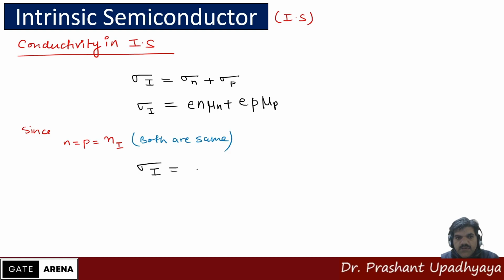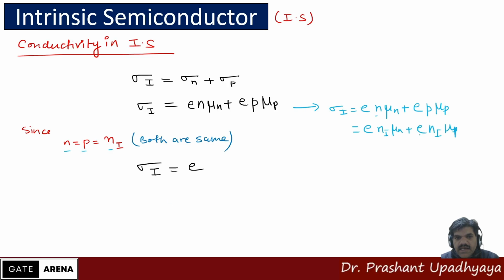That means both are the same. So I can write the conductivity sigma I equal to E n into mu n plus E p into mu p. And since n is equal to p equal to ni, we can replace this equation with E ni mu n plus E ni mu p.